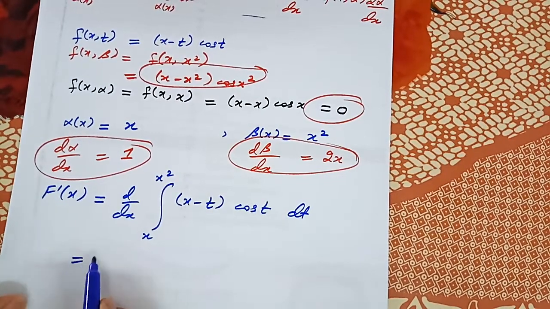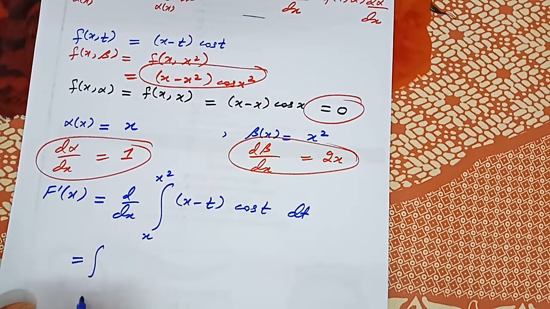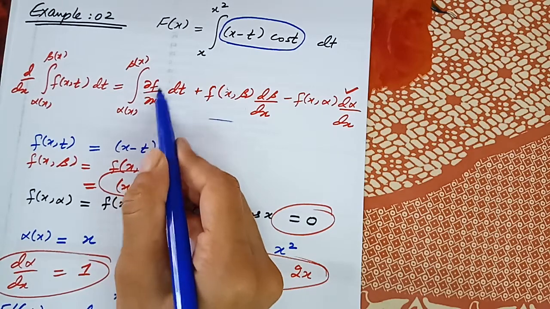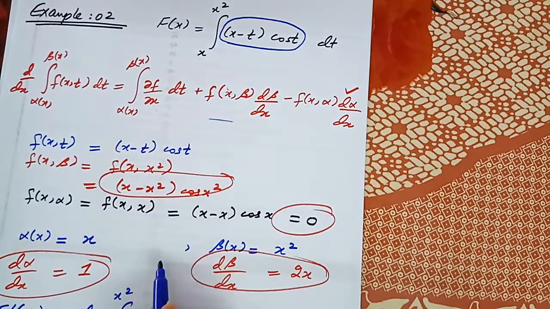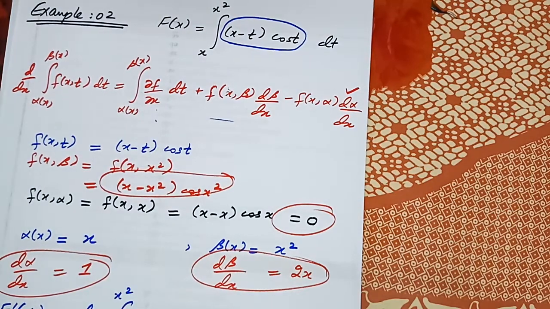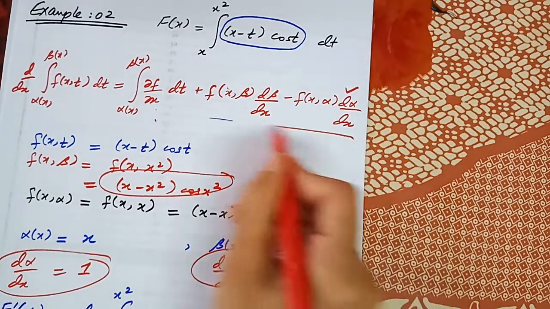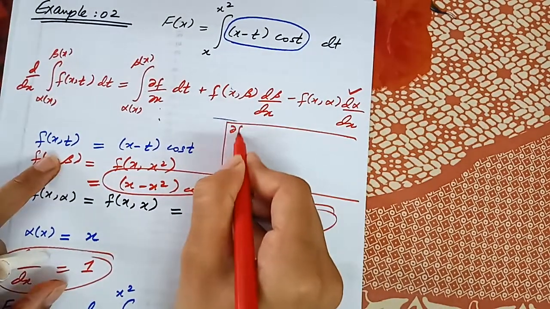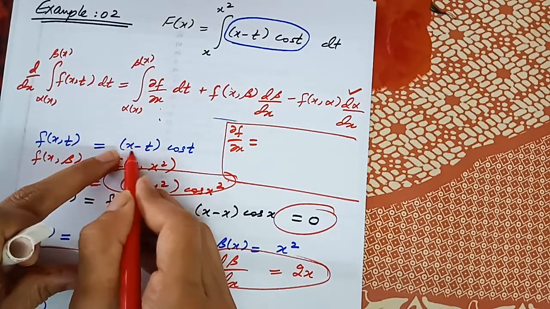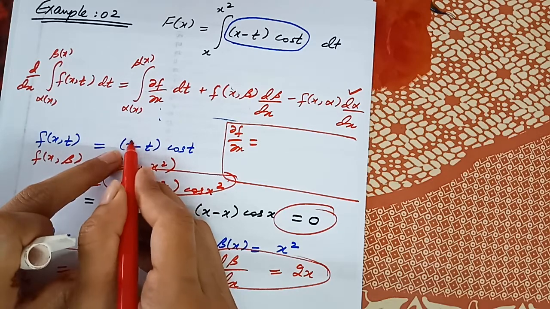It's going to be integration from x to x squared, then partial f. I need here the partial derivative of f with respect to x. So let's find it. Partial f over partial x. So the derivative of x is going to be just 1.